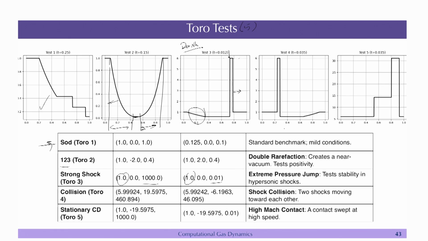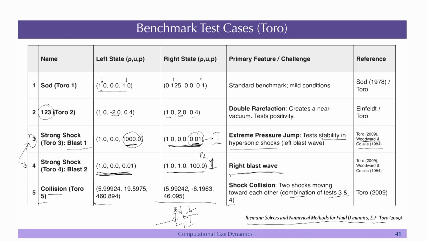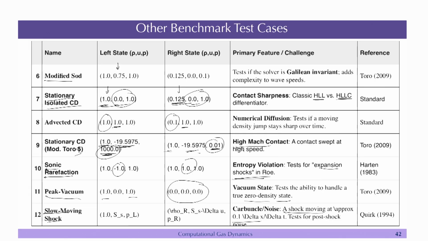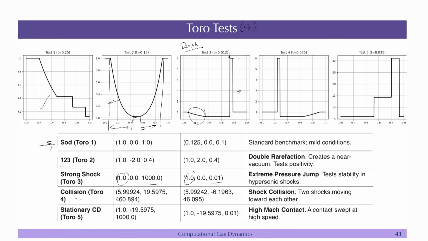And then this is test 4, the blast wave, the right blast wave. I will correct it when I circulate this PPT with you. This is not the one. In fact this is test Toro 5, this is the one, where we have given these values, the 2 shocks which are colliding, and after the collision this is going on the right.